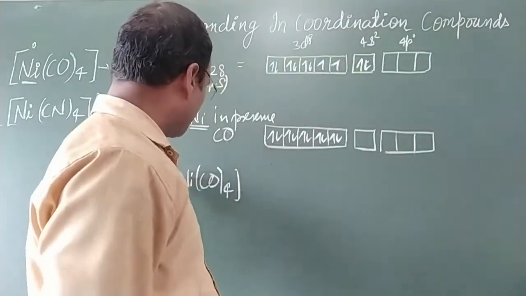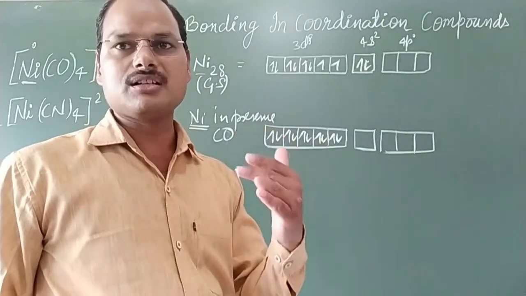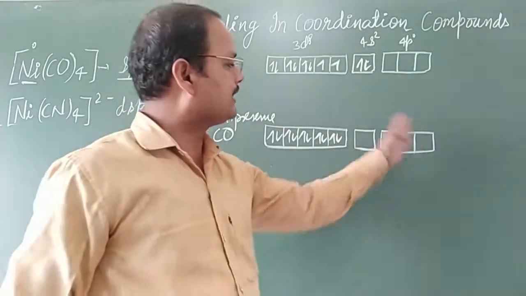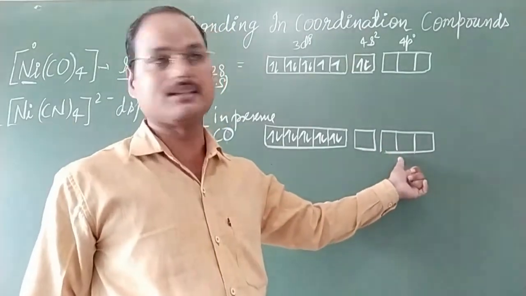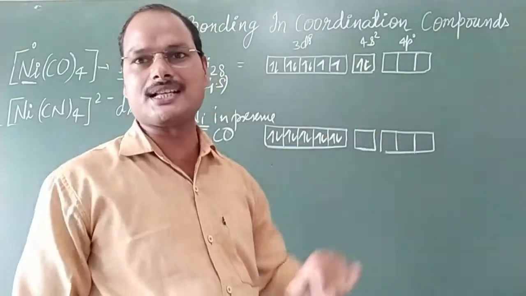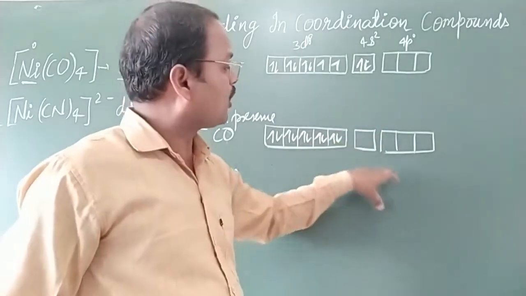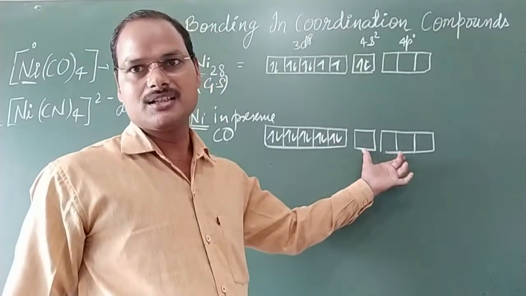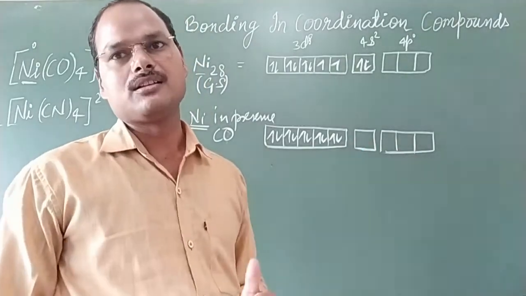Therefore, 4 CO ligands donate a pair of electrons each to the vacant 4s and 4p orbitals, and in this case the orbitals have different types of energies and structures. Therefore, such bonding will be unstable.